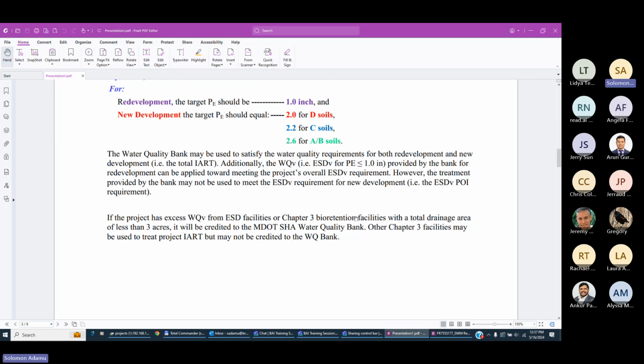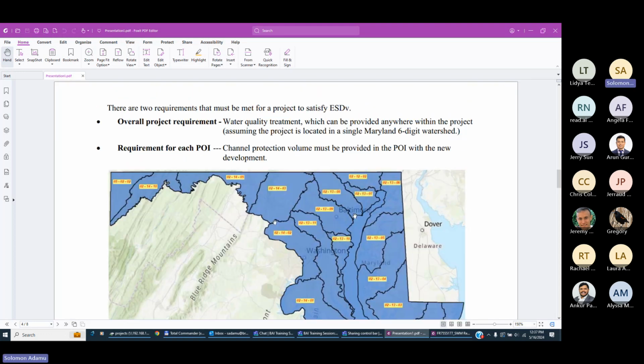Okay. All right. So there are two requirements that must be met for a project to satisfy ESDV. For the overall project requirement, which means water quality treatment, this can be provided anywhere within the project, assuming the project is located in a single 6-digit watershed.